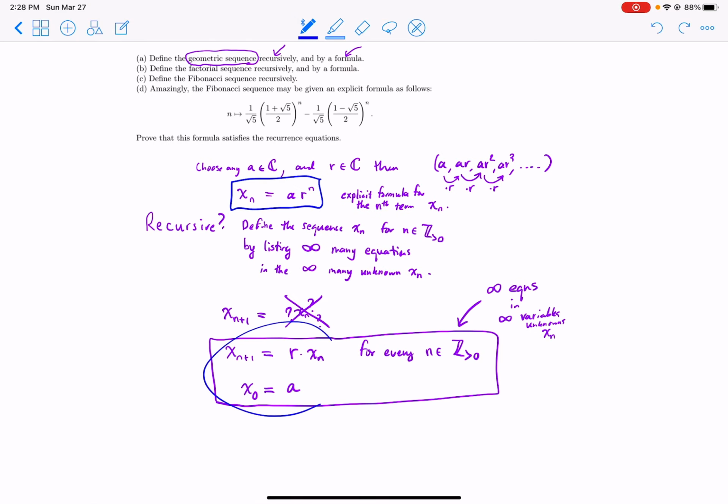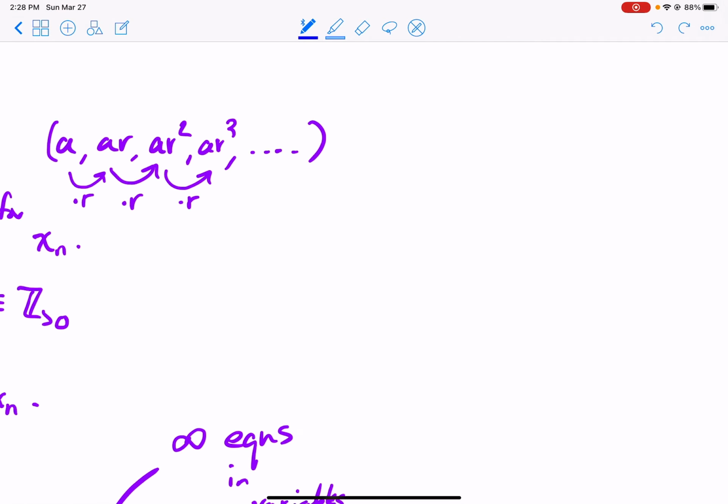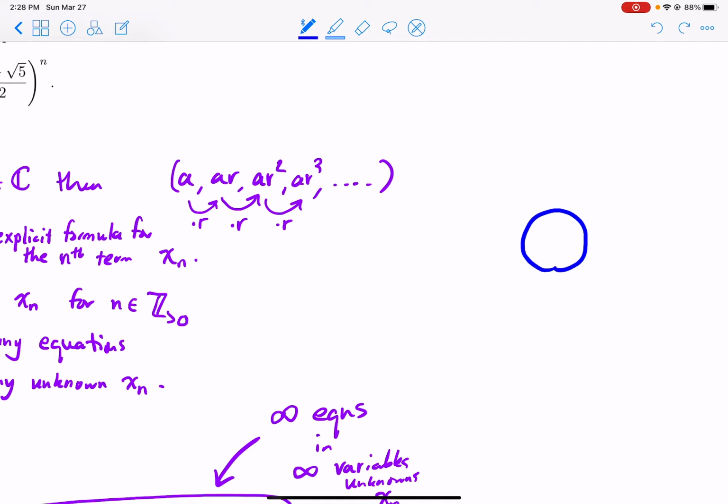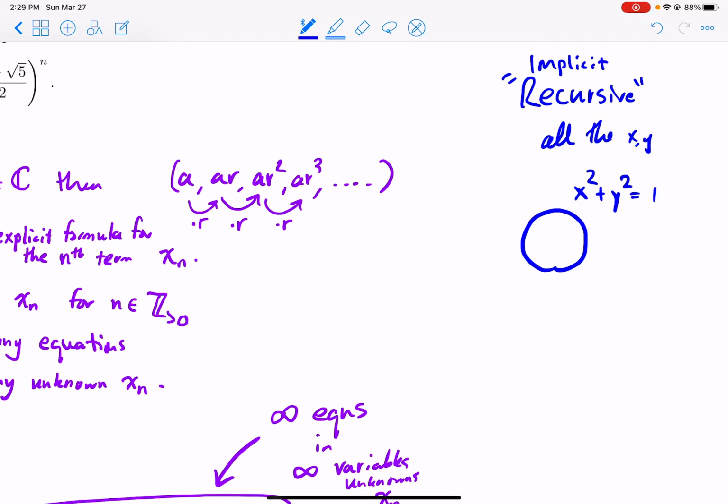Well, it's not a formula, it's just a list of equations, infinitely many. The difference is sort of like how a circle can be described as x squared plus y squared equals 1, all the xy that satisfy this equation. People will call this implicit, because you're not explicitly saying what the points on the circle are.